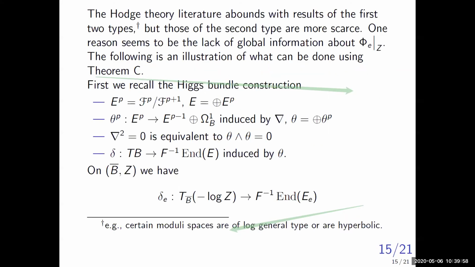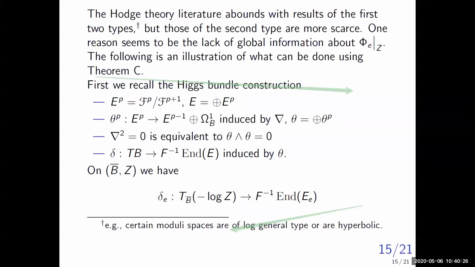Hodge theory abounds with literature with results of the first two types, nef and big. But those of the second type are more scarce. They're harder to get at. And I think one reason, at least for me, is that you haven't really used global information along these fibers of the period map at infinity.